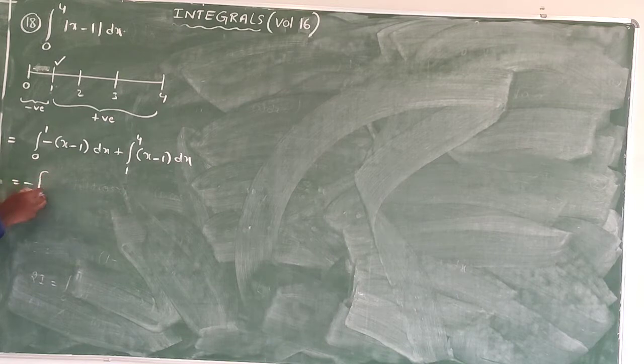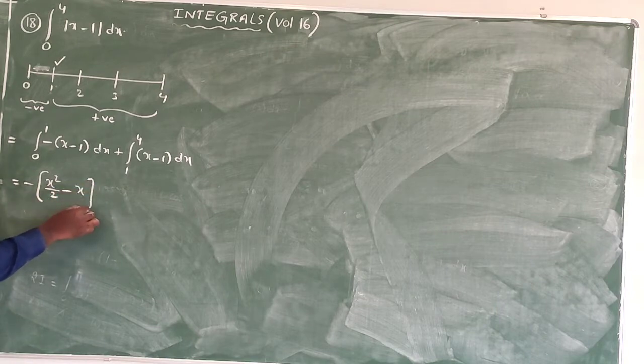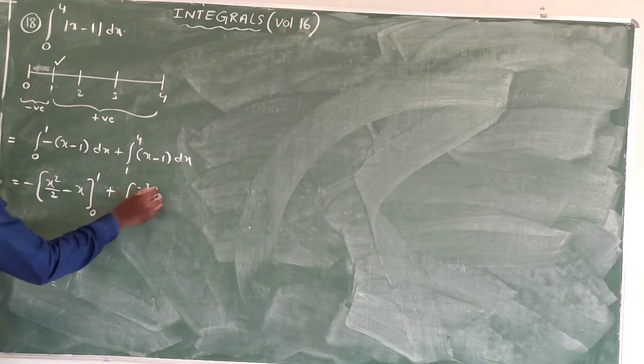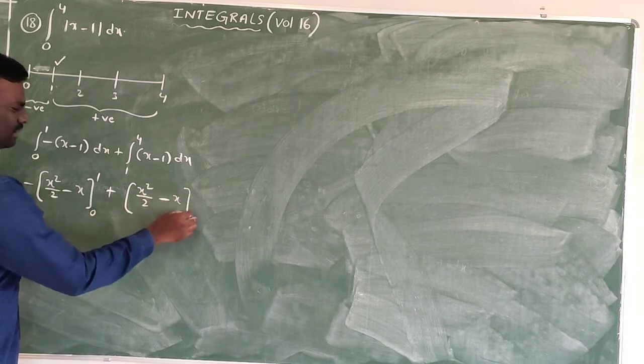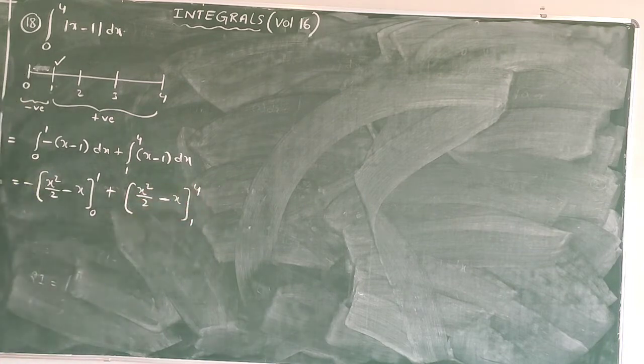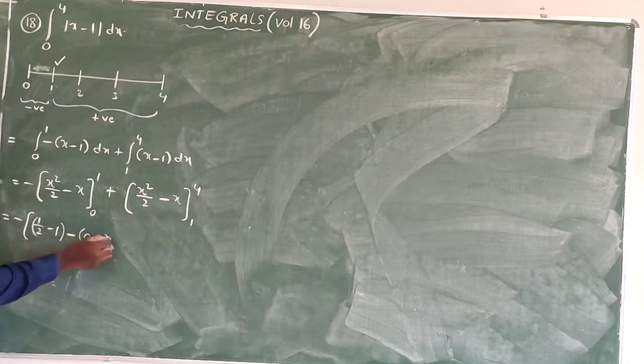Then minus, integration of x is x square by 2, minus 1 integration x, between the limits 0 to 1. Here also x square by 2 minus 1 integration x between the limits 1 to 4. First substitute upper limit, 1 square by 2 minus 1, next lower limit 0.